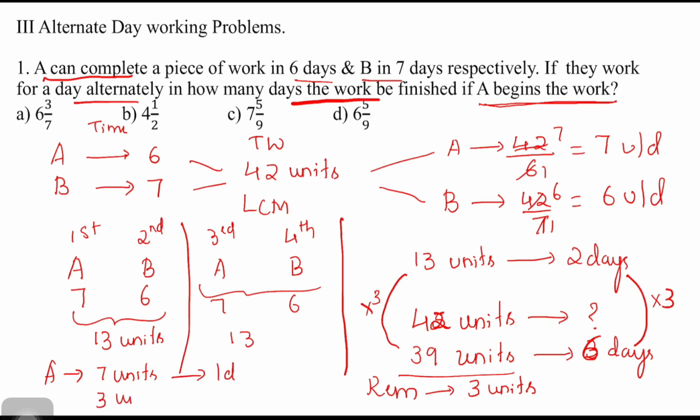So 3 units in how many days will A do? It is 3 by 7. So therefore 6 days was the complete work, and 3 by 7 days is taken to complete the total work.